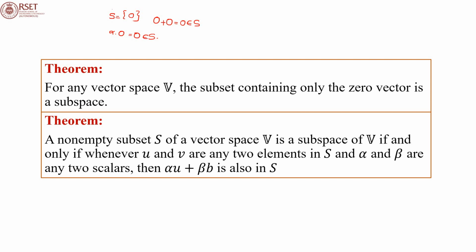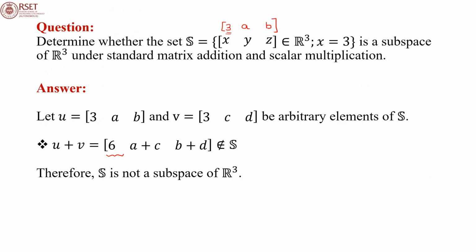Also, in order to check whether a set is a subspace, we can use one thing. As we know, a subspace is itself a vector space, so a subspace must satisfy all the properties of a vector space. In particular, for a set to be a subspace, it must have a zero element. If it does not have a zero element, from that moment itself we can say that it is not a subspace.